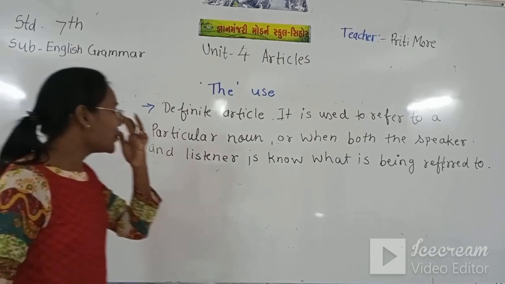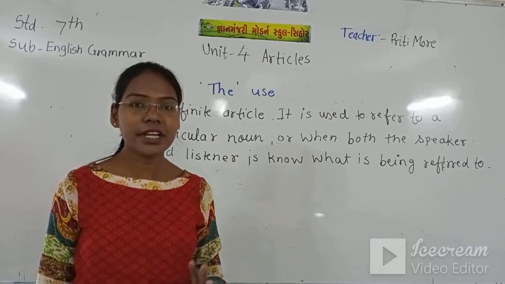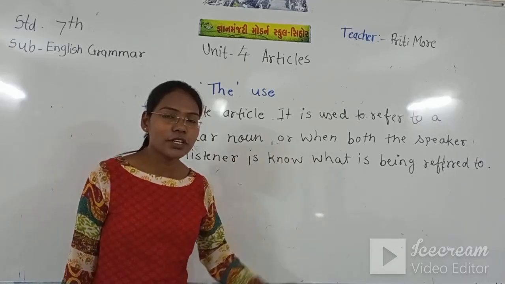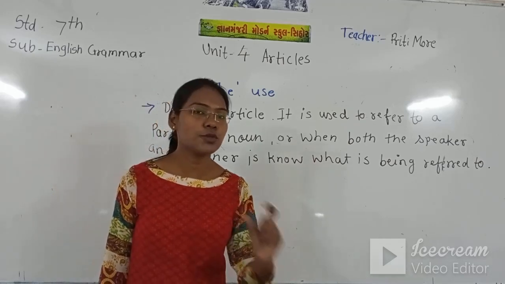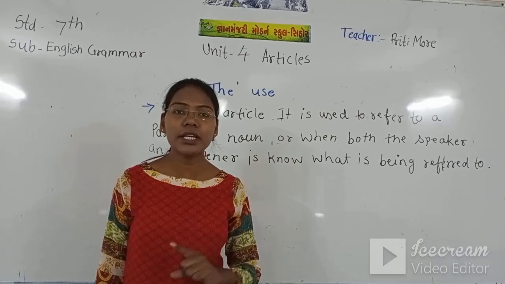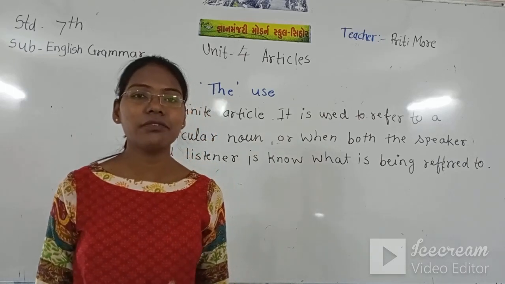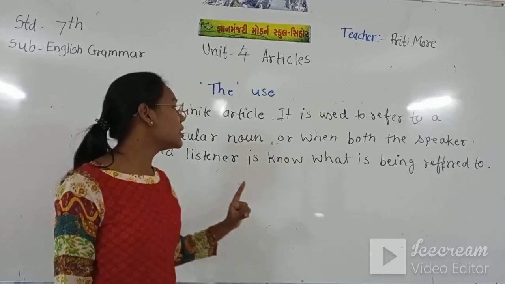Now we have seen a and an both are indefinite articles. When the singular countable noun begins with a vowel, that time we use an, and when the singular countable noun begins with a consonant, that time we use a, and both are indefinite articles.